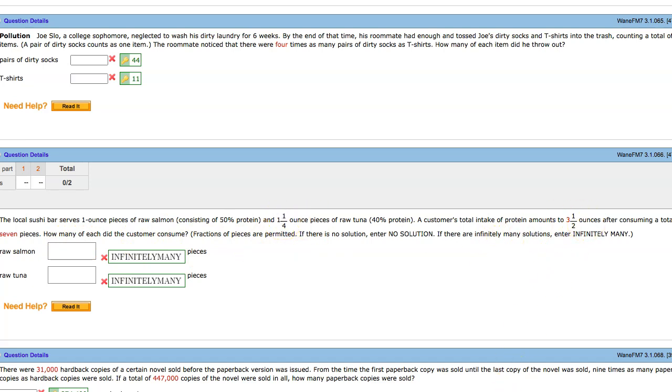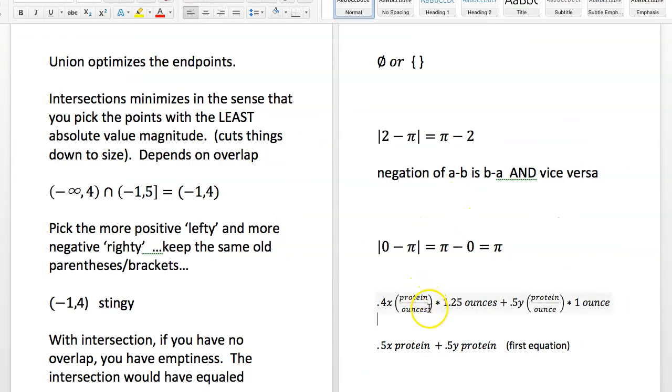We're told that 3.5 ounces of protein are consumed, right? So 3.5 ounces of protein are consumed. I'm told that 3.5 ounces of protein are consumed.